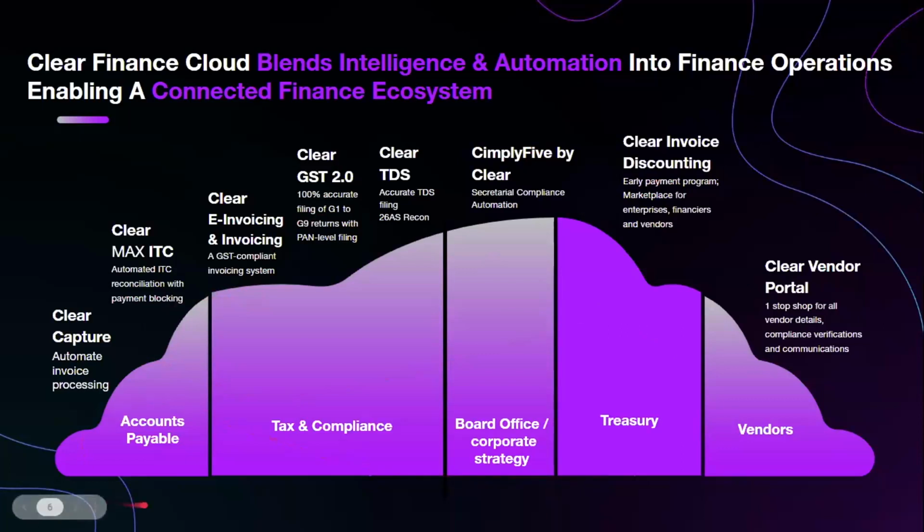Starting with the accounts payable side, we have the Clear Capture solution, which is an automated invoice processing solution, right? Whenever we receive an invoice from our vendors, we can automate its booking in our ERP.